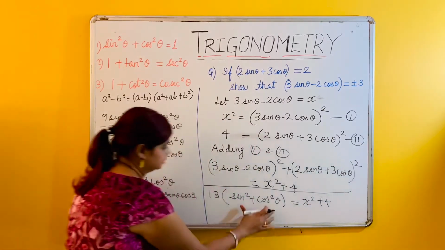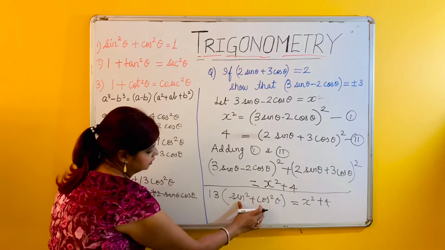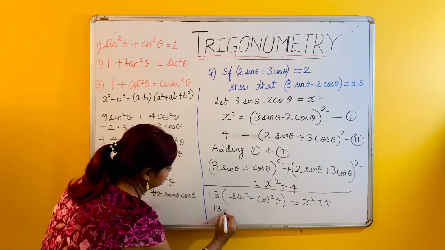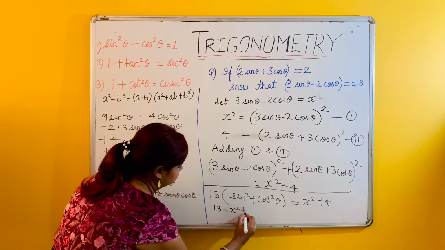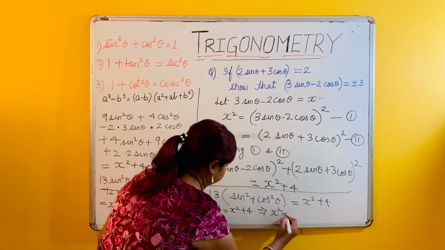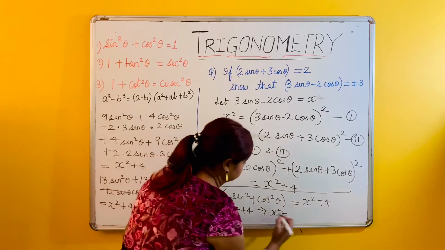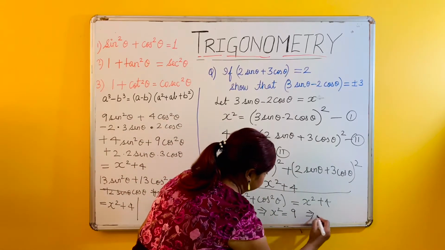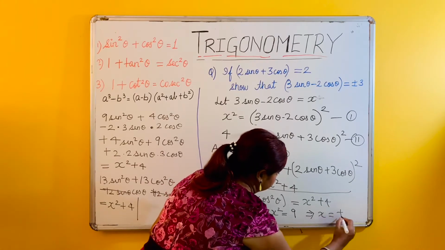Now what is sin square theta plus cos square theta? It is nothing but 1. So 13 is equal to x square plus 4. It implies x square is 13 minus 4, which is 9, and it implies x is equal to plus minus 3.